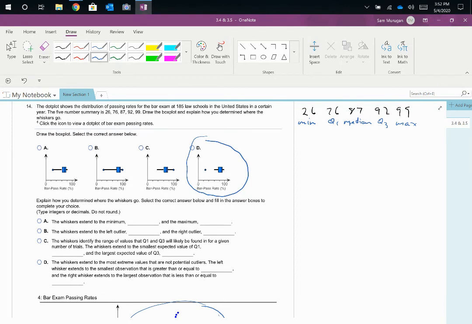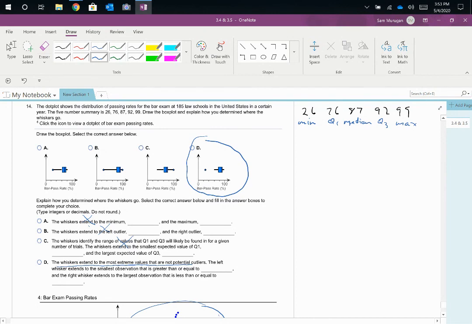Let me see. No, actually, the whiskers don't extend to the minimum and maximum. This is incorrect. The whiskers extend to the left outlier is incorrect. Remember, outliers use asterisk. The whiskers do not identify the range. So the whiskers extend to the most extreme values that are not potential outliers.